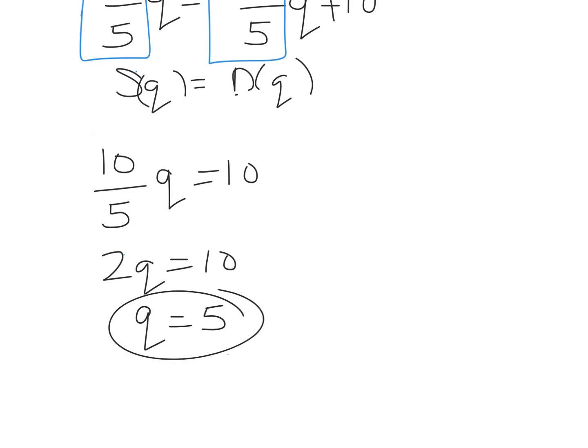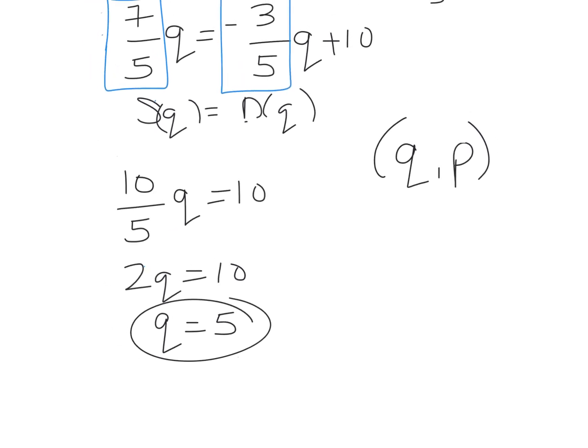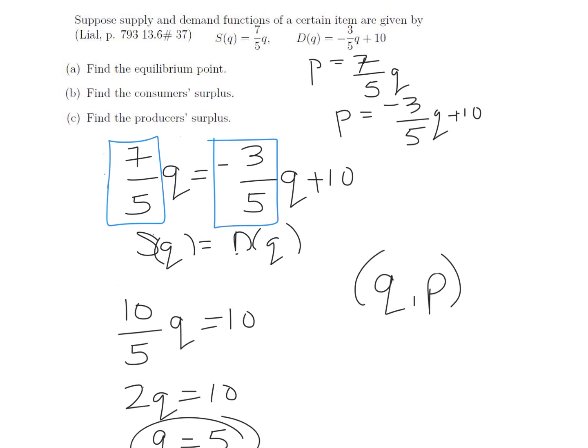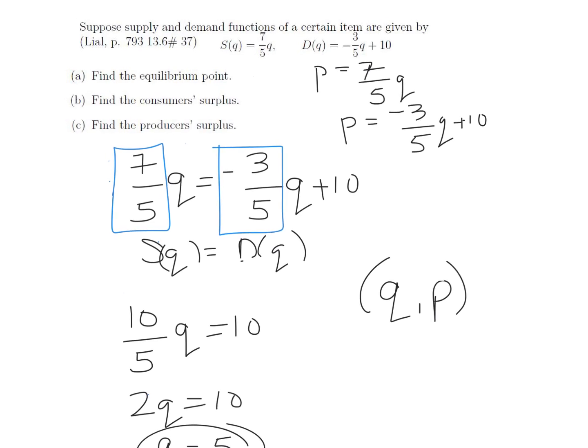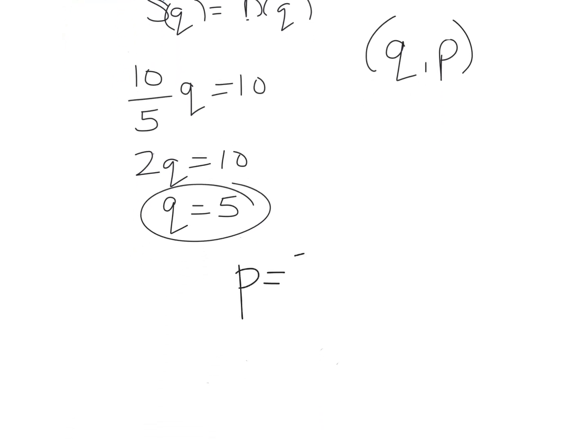Okay. So our equilibrium point is going to be Q and P, right? So we can go back and use either the supply function or the demand function now to solve for P. So I have P equals 7/5 Q, right?